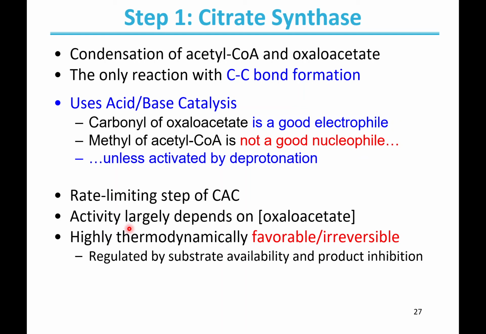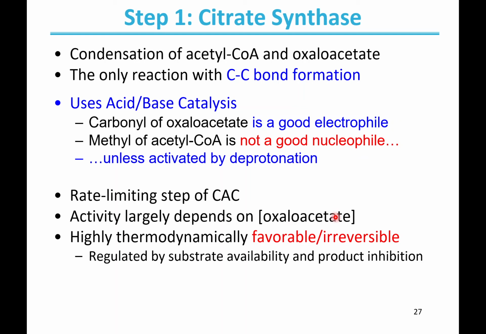The activity of this enzyme, citrate synthase, really depends on the concentration of oxaloacetate. This is a very favorable reaction, but it is the rate-limiting step of the citric acid cycle. So why is that? Well, it's regulated by substrate availability and also product inhibition, but mainly substrate availability.